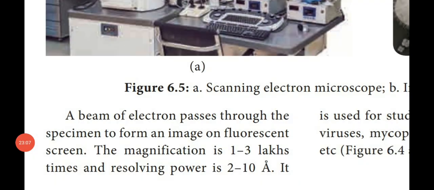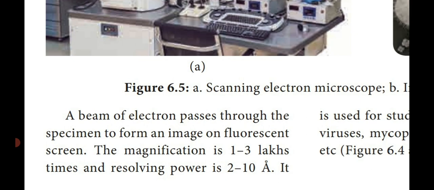Dear students, before going to SEM, we are going to see the structure of a TEM, that is the transmission electron microscope. A beam of electrons passes through the specimen to form an image on a fluorescent screen. That means the transmission electron microscope has a fluorescent screen, and the image falls on it.